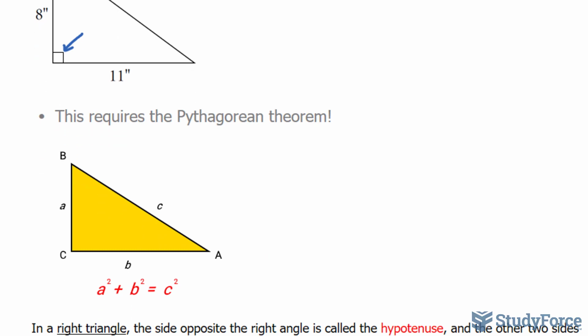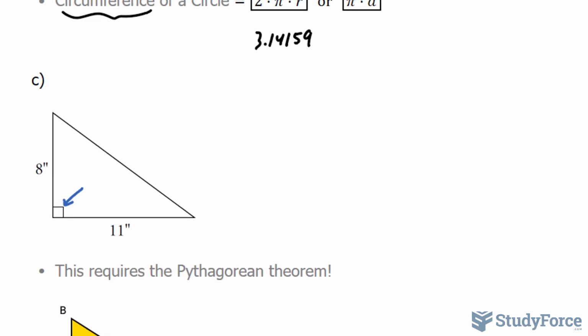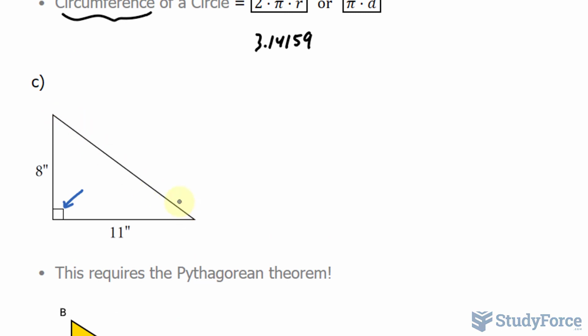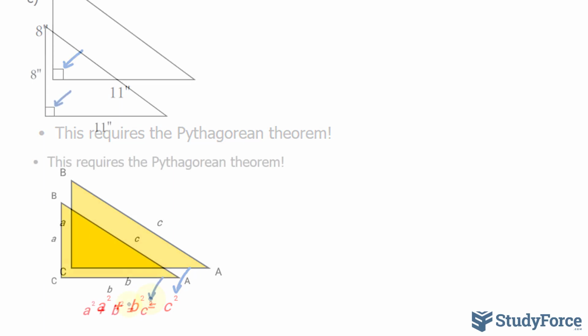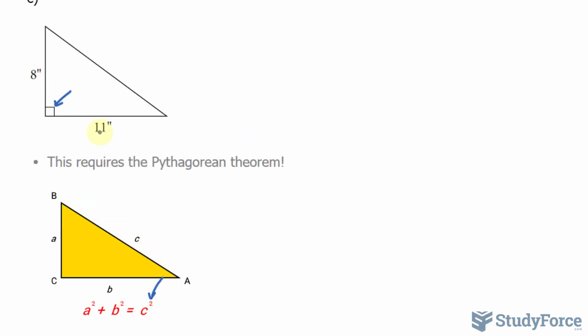Here's the Pythagorean theorem. It relates the length of all 3 sides. In a nutshell, the longest side is called C. We're not told what the longest side is. The other 2 shorter sides, called the legs, can be assigned as A or B. So I'm going to substitute these numbers into here, and remember our formula for perimeter is the distance around the shape.